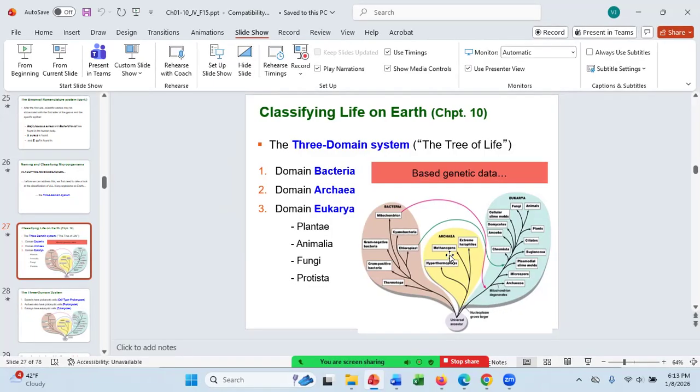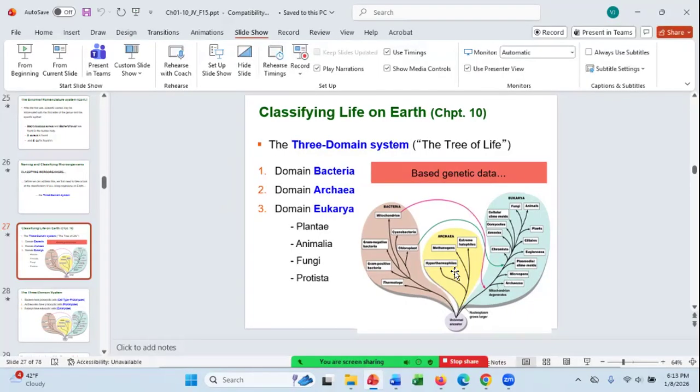So it's very slight that the archaea are slightly closer to the eukarya than the bacteria are to the eukarya.